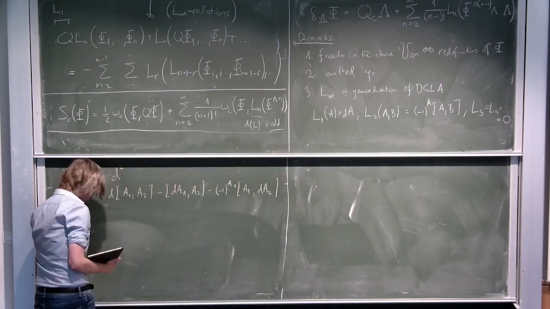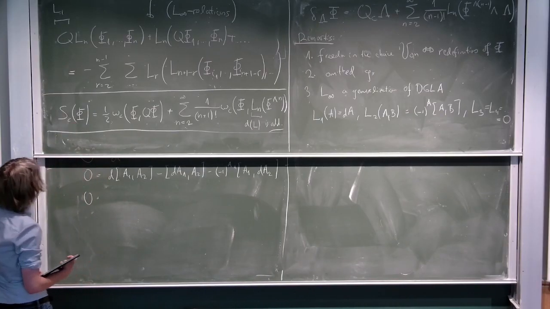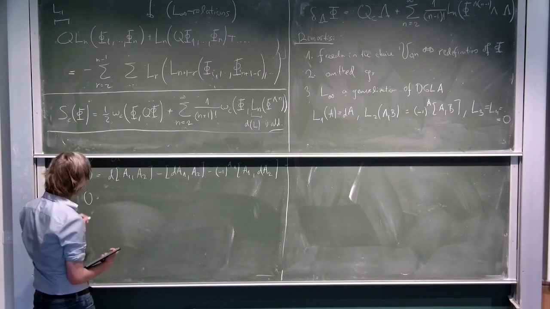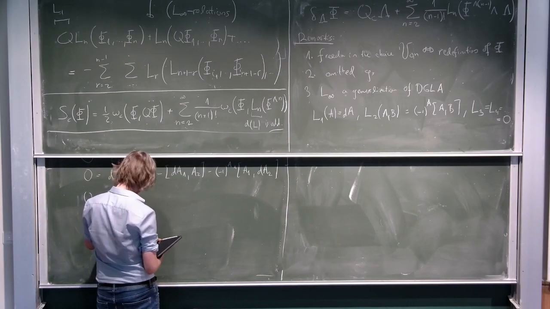And if you set n equal to 3 in these L-infinity relations, you will just obtain the Jacobi identity for this two bracket.